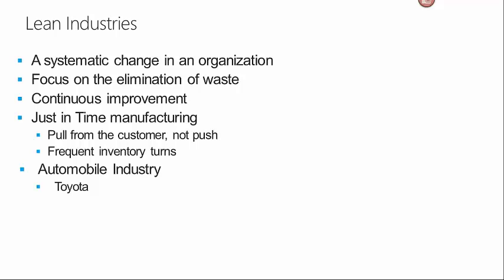There can be a lot of lean industries, and it really depends more on the organization because it's an organization methodology. But one of the ones you're probably familiar with is Toyota. They're one of the first ones to really set, from a manufacturing standpoint, a great example of how you can use lean principles within a manufacturing organization.